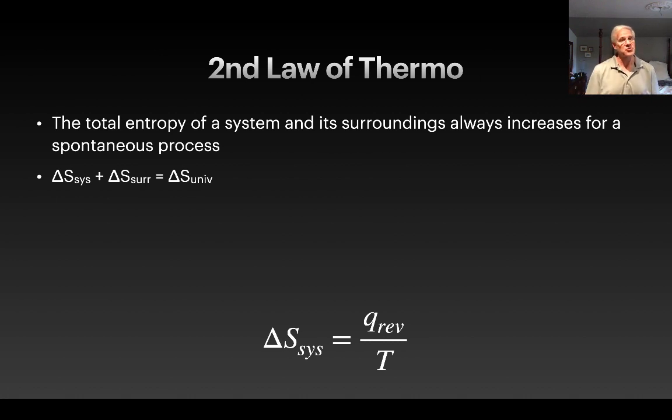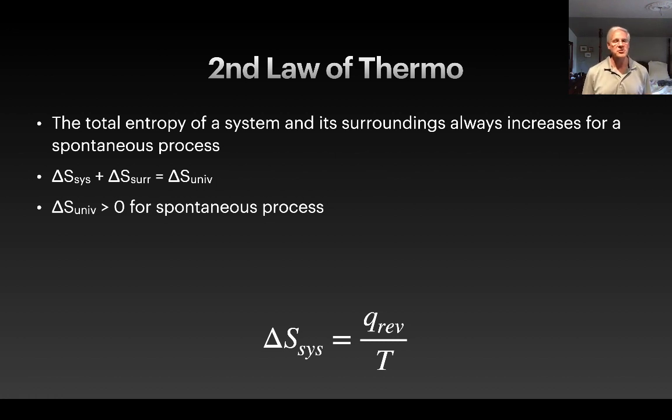So if you put those 2 things together, you have the entire universe. So what we're really looking at is the delta S of the system plus the delta S of the surroundings has to equal the delta S of the universe. And if the delta S of the universe is greater than 0, then we are going to have a spontaneous process.